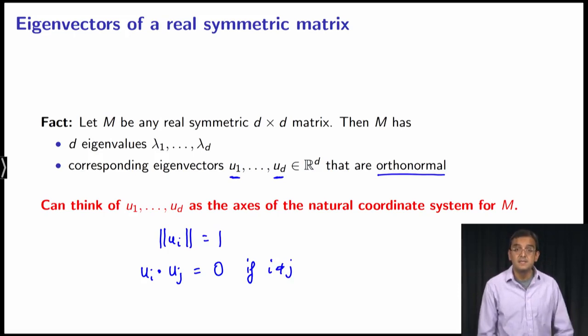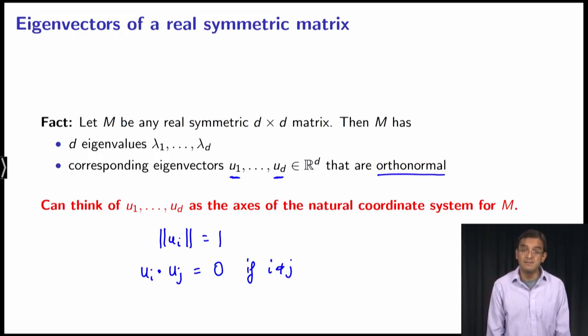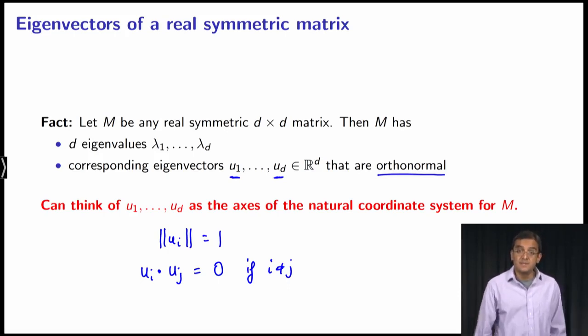This means that these d eigenvectors constitute a basis, and we'll think of them as the axes of a natural coordinate system for this matrix. It turns out that transforming data into this coordinate system simplifies a lot of different operations.